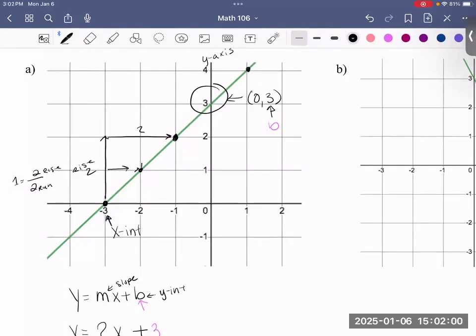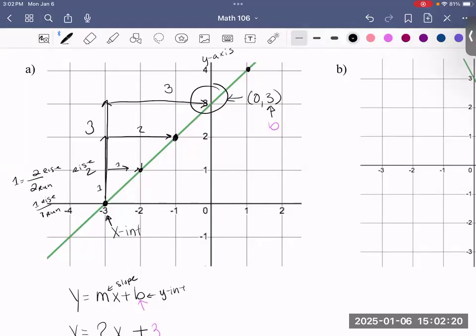Or if you decided to do 1 to 1, it's still 1 rise and 1 run. Or if you wanted to go all the way to your y-intercept, you have to rise by 3 and go over by 3.